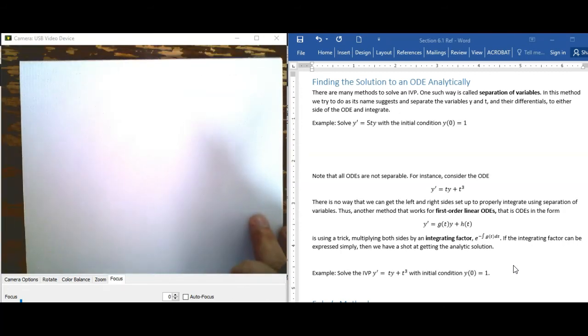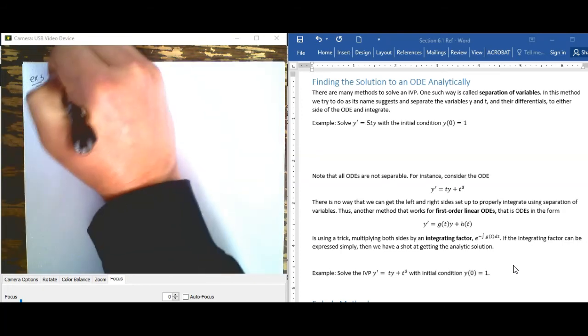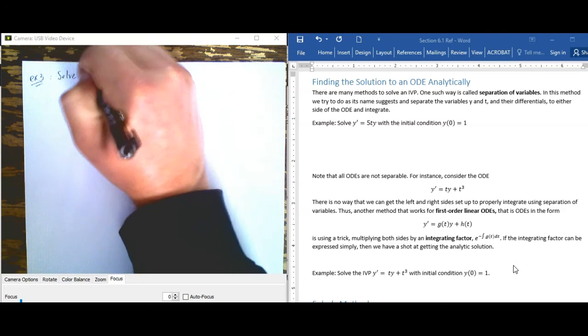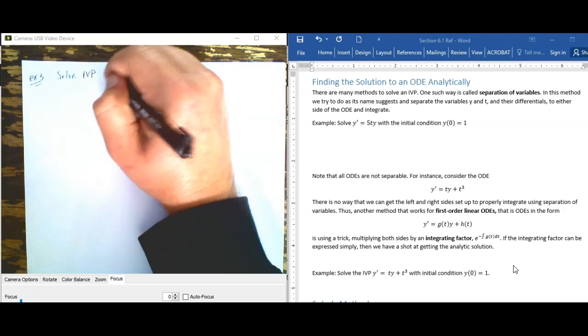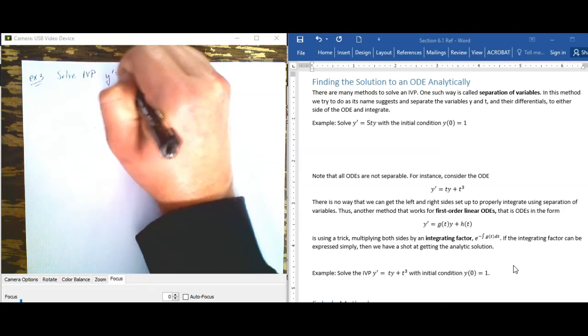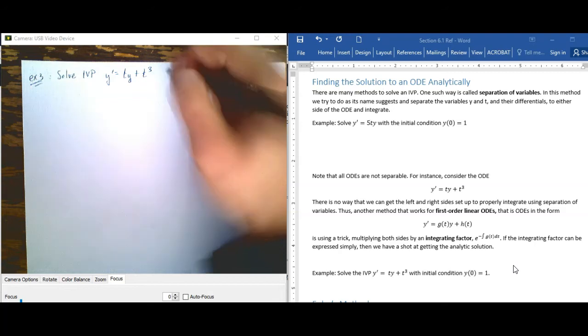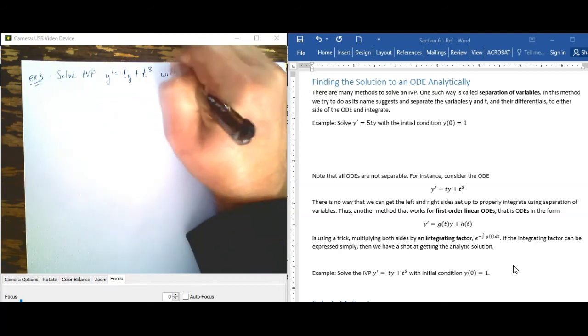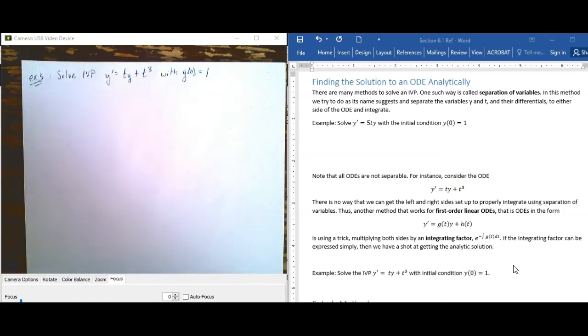So we want to solve the initial value problem. y prime equals t y plus t cubed, with y naught equal to 1. Okay.